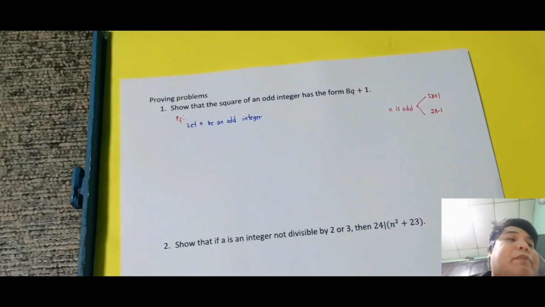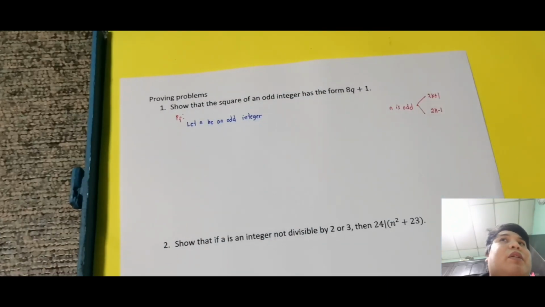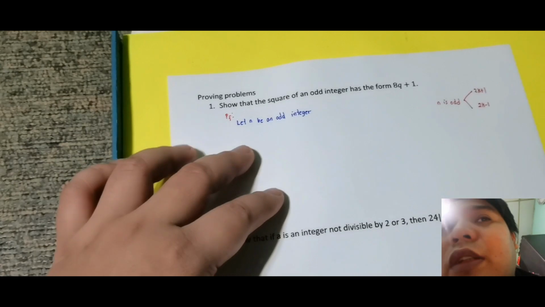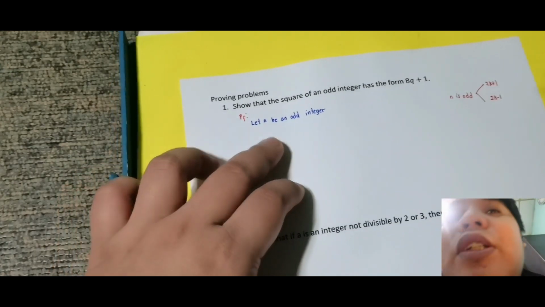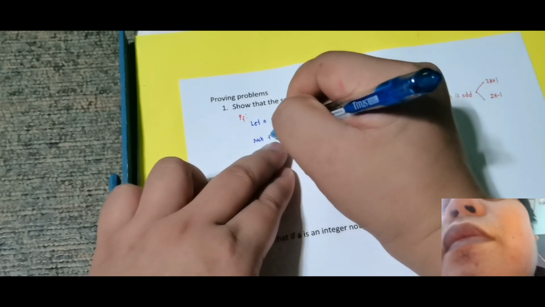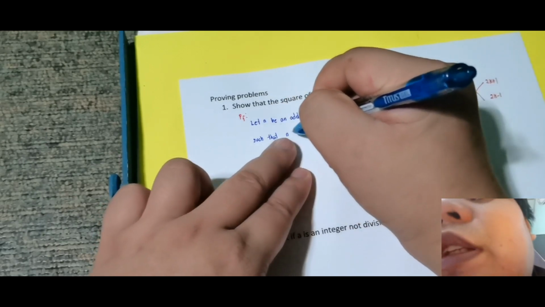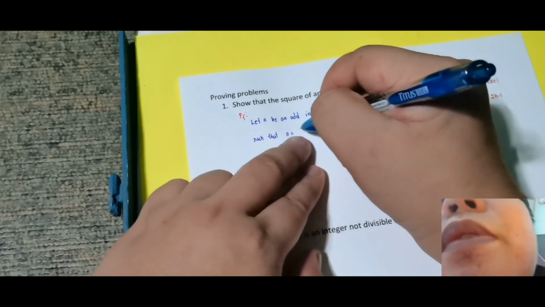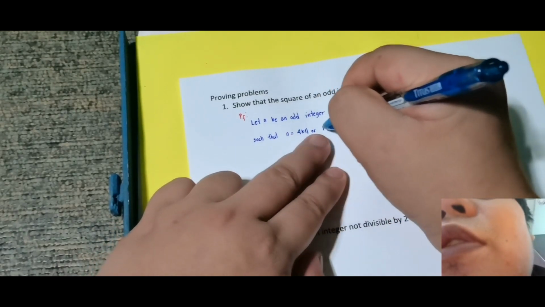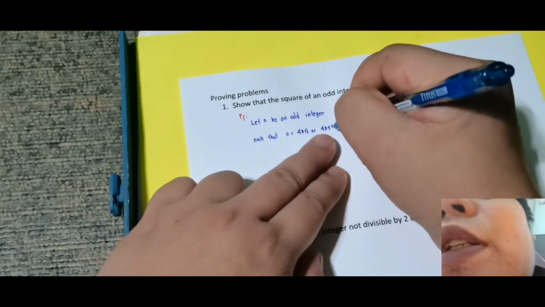Okay, so ngayon, what if palit lang ko konti in which i-represent ko siya. Dapat, pag nag-represent ka dito ng pagiging odd or even, pwede mong i-adjust konti in such a way na odd pa rin siya. Tulad nito, such that n can be equal sa 4k plus 1 or 4k plus 3.